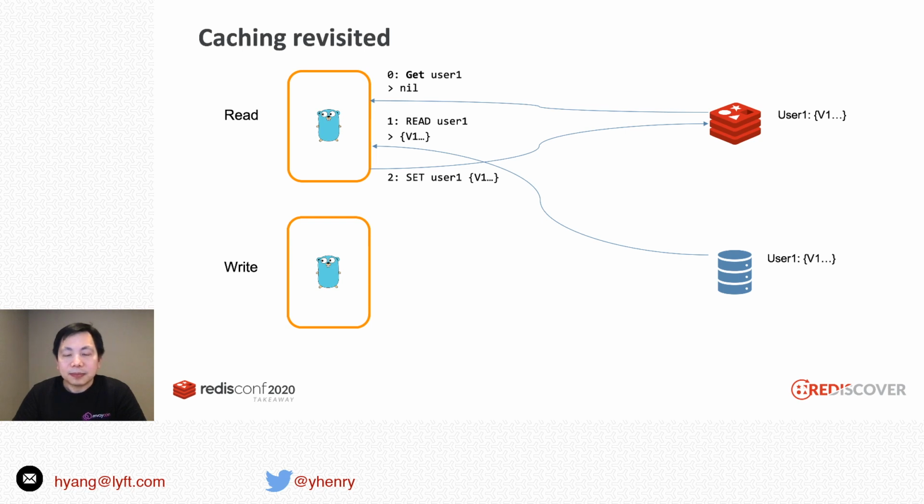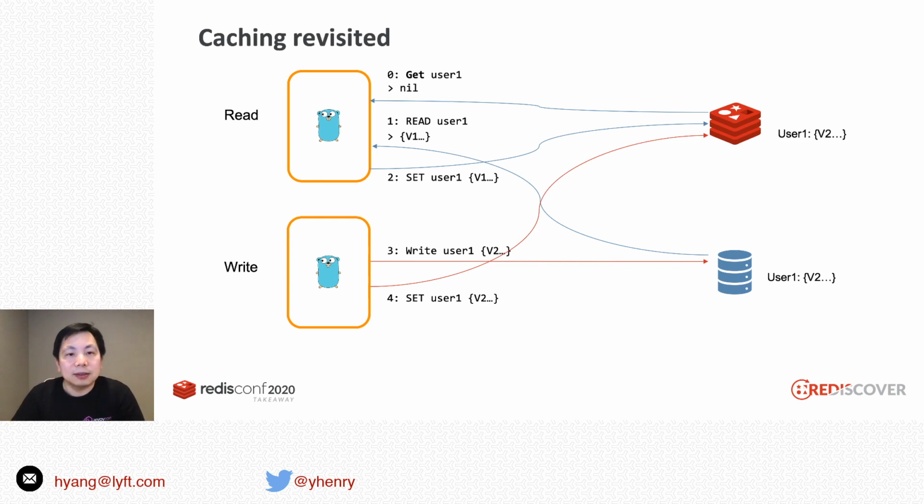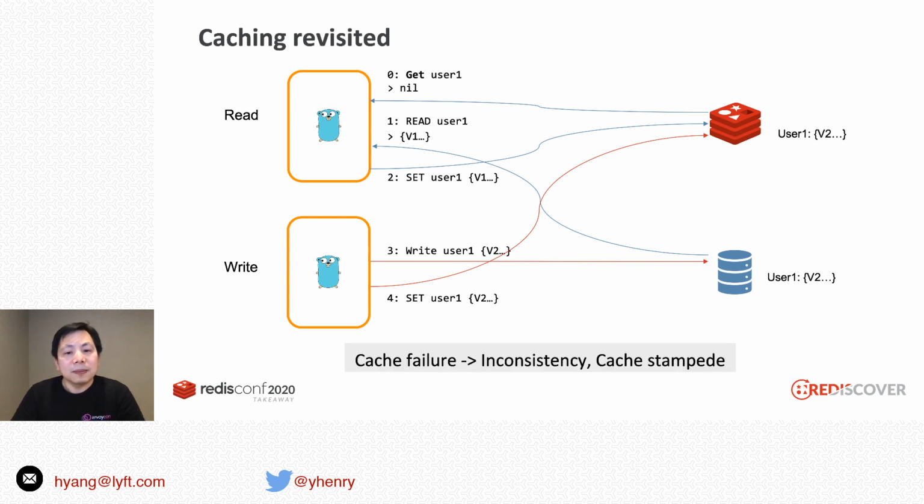Similarly, for the write path in this scheme, we first write to the database and then we update the cache. Simple enough. But what happens if the update to the cache fails? Then we have inconsistency between the cache and the database. This can often be easily mitigated with a shorter TTL, but a shorter TTL can impact hit rate.